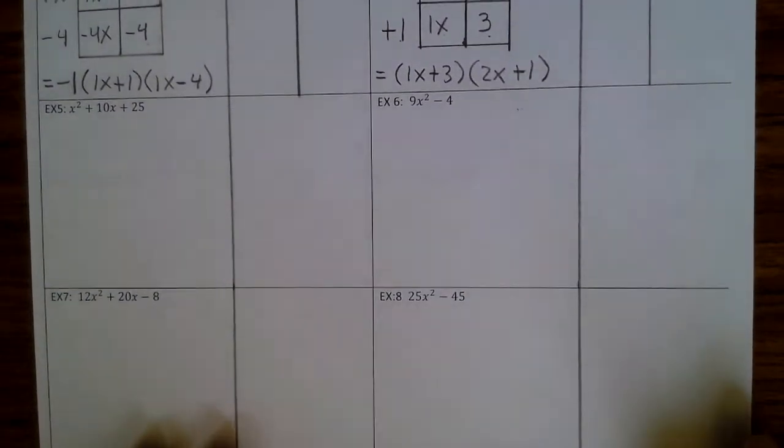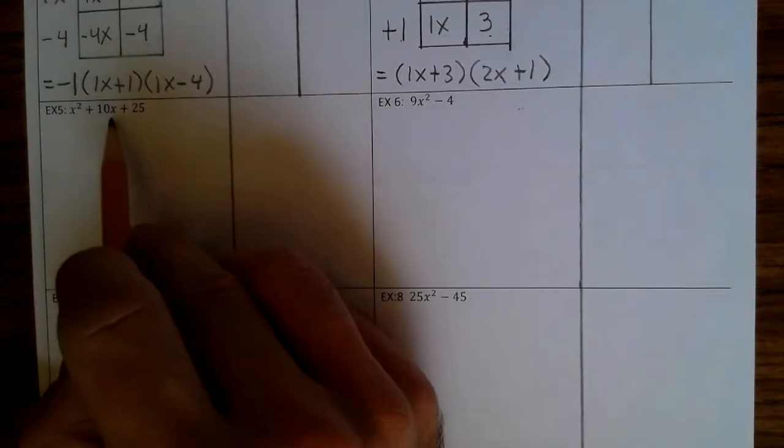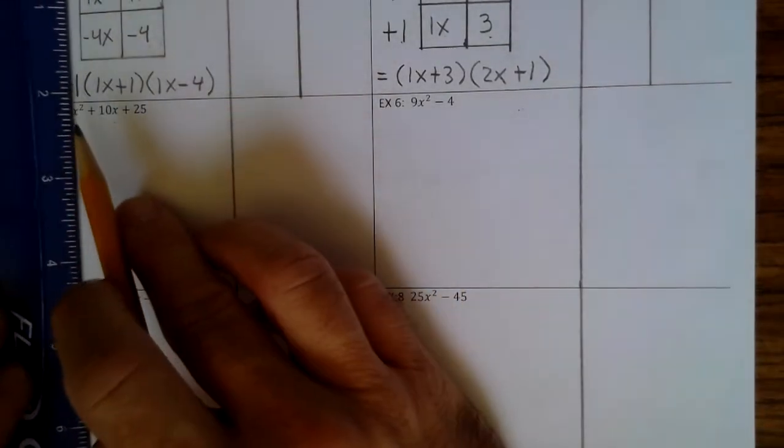All right, example 5. There's no greatest common factor, so we're going to factor using the reverse box method.